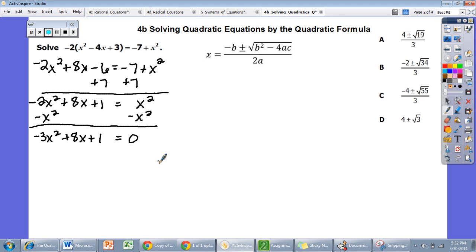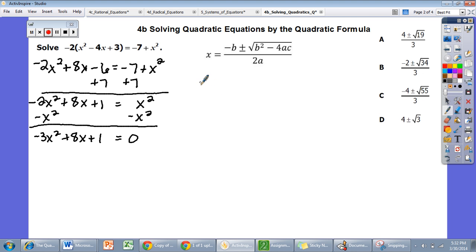So now I'm able to plug all of my coefficients into my quadratic formula. What's important to know is that my first number is A, my second number is B, and my third number is C. So I'm going to go ahead and apply that here in my formula.